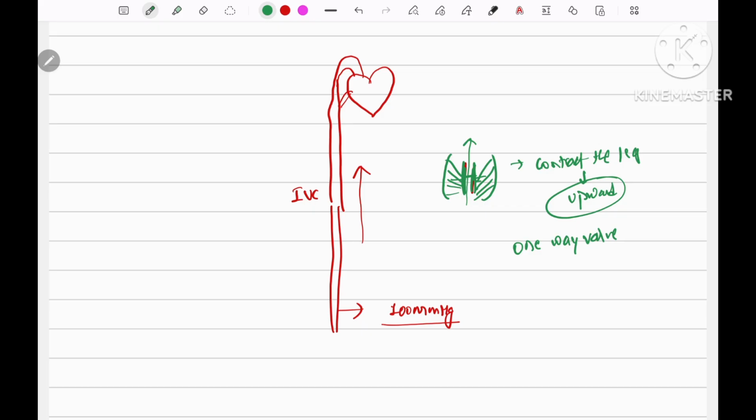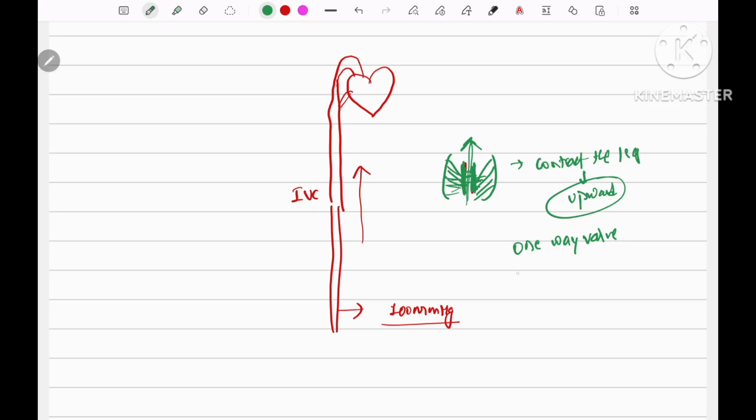So the first one is that the muscles around the leg contract, and this leads to the compression of these veins, due to which the blood is pushed upward. The second one is the one-way valve which prevents the backward flow of the blood.